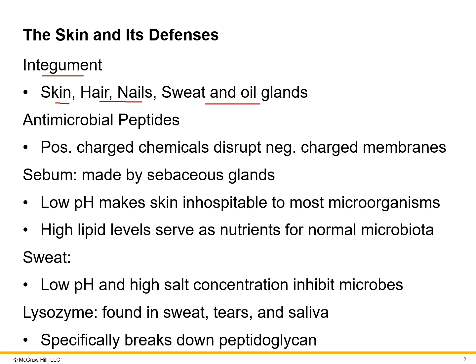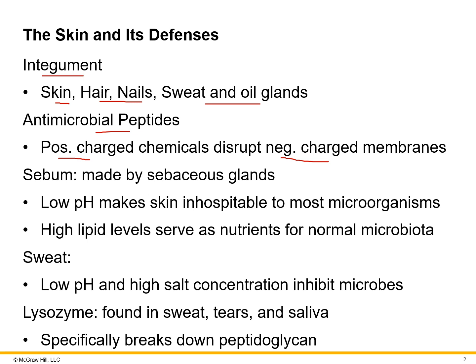They provide that barrier, that first line of defense that we talked about in chapter 15 that prevents things from getting in. In addition, there are antimicrobial peptides. They get made by the skin, and these are positively charged chemicals, and the membranes, the phospholipid bilayers, are negatively charged. So those positive charges disrupt and dismember the membranes of a lot of microbes.